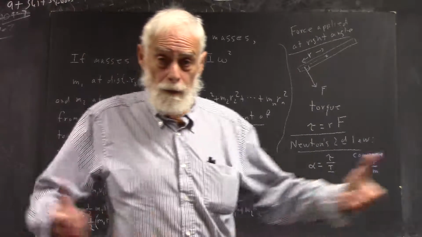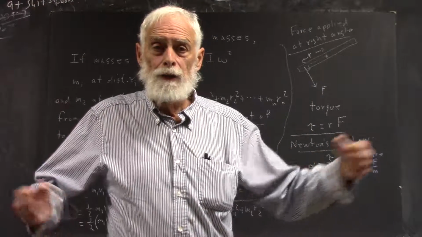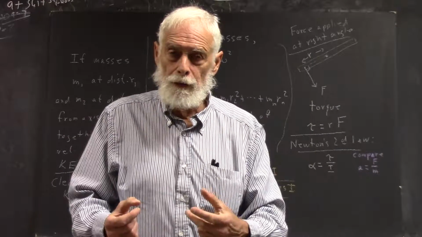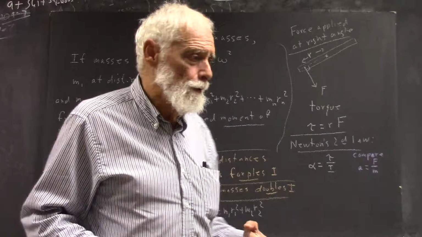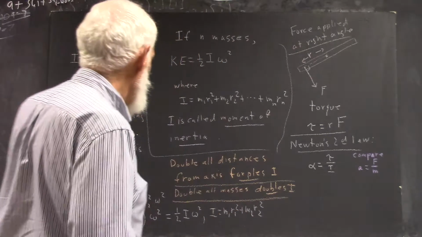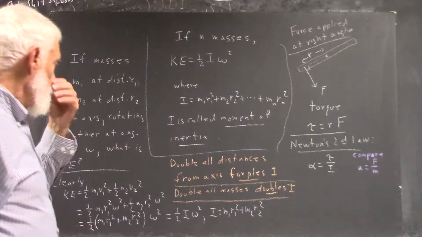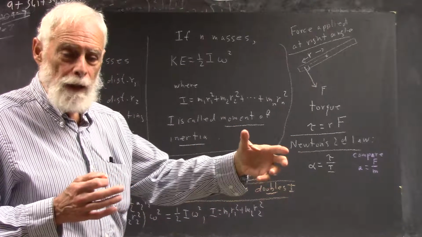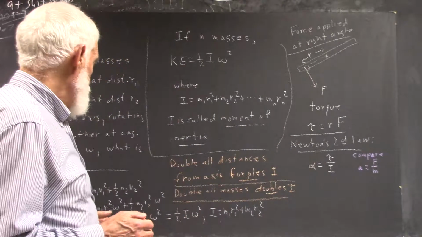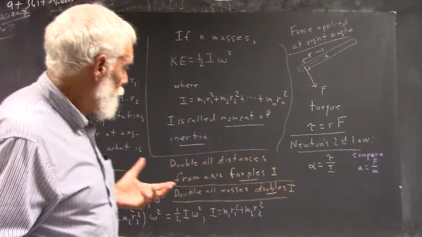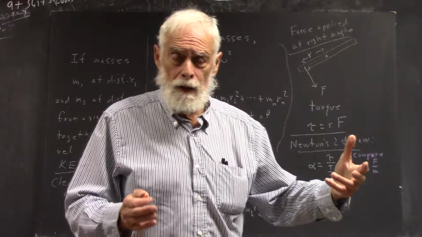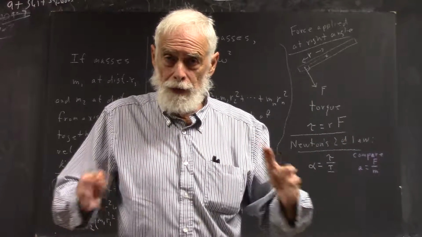Now, if you've got a bar or a beam and you put masses on the end of it, it gets a lot harder to rotate. If you put the masses close to the center, it doesn't get that much harder. We can also say that if you were to take any set of masses, consider the magnets on the beam that we've looked at, they're distributed from the center on out.